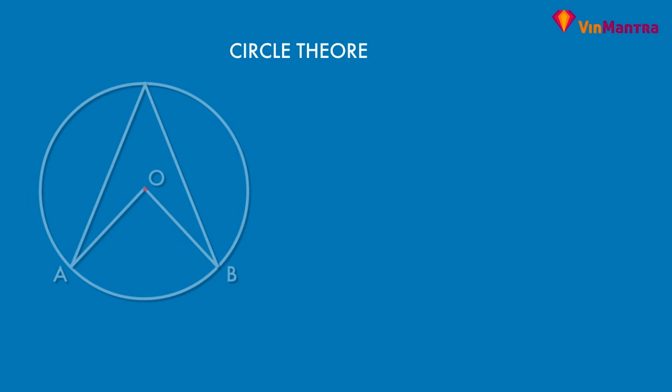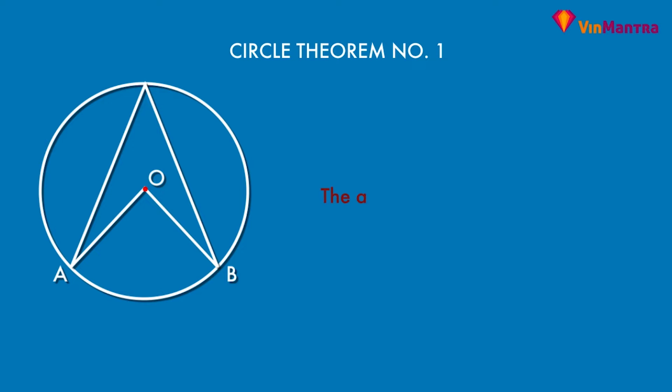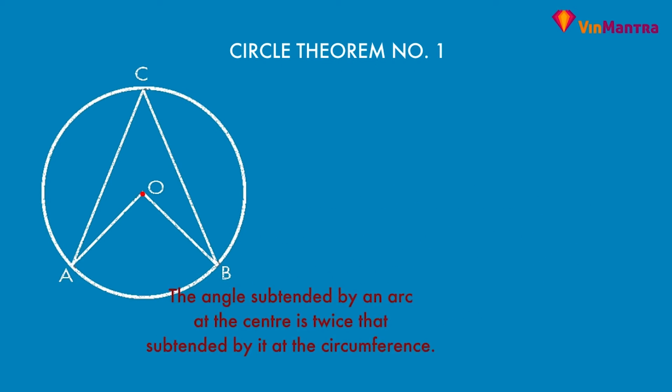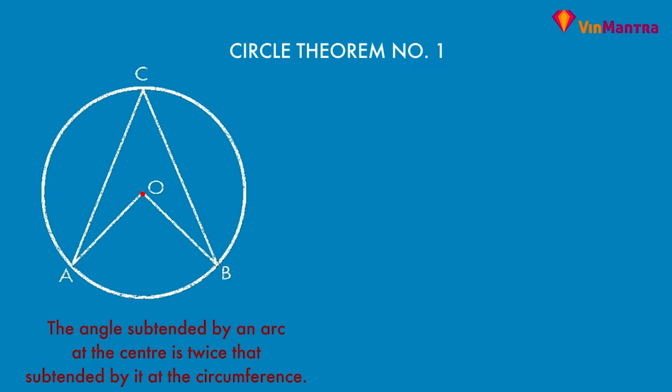The first circle theorem states that the angle subtended by an arc at the center is twice that subtended by it at the circumference. Here's the proof.